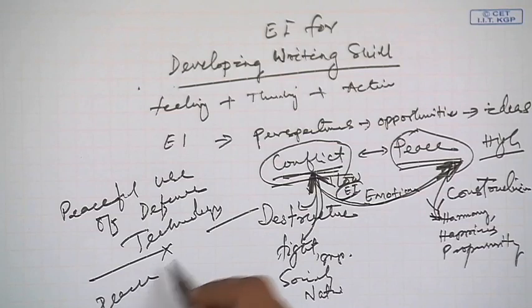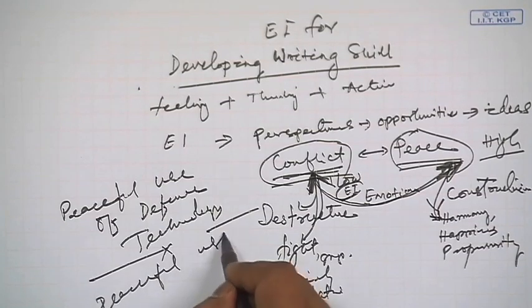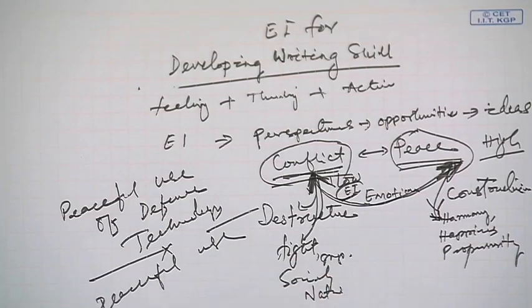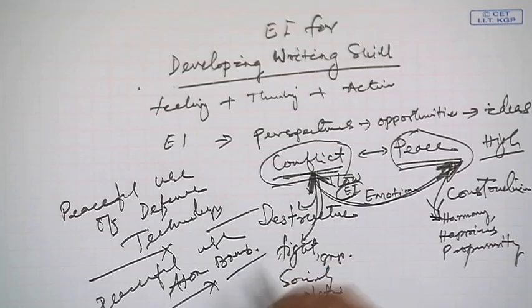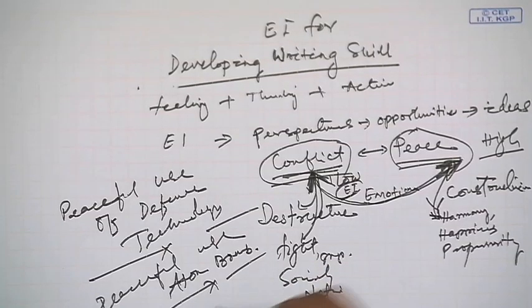Similarly, the peaceful use of the atom bomb. Why are people creating atom bombs or atomic weapons or missiles, anything that creates a threat for mankind? So when you talk about the peaceful use of any technology, that itself enhances the peaceful understanding of bringing prosperity for the growth and development of mankind.